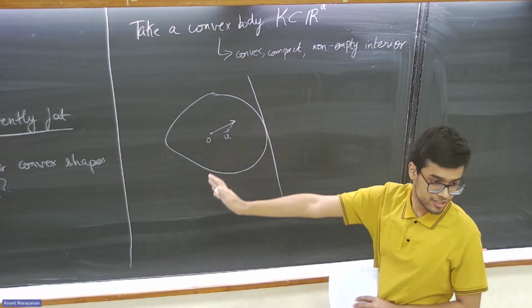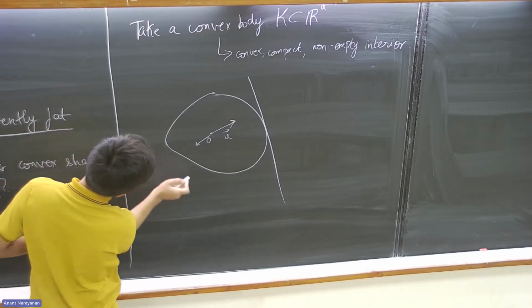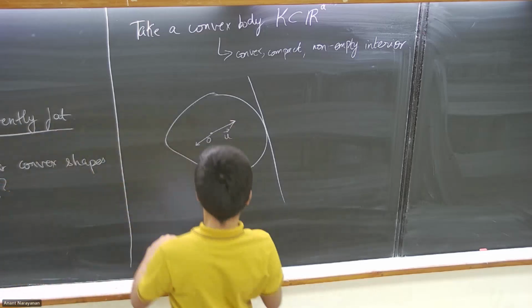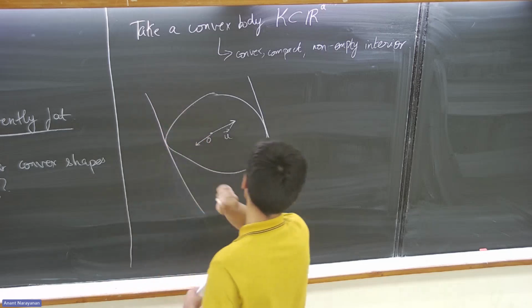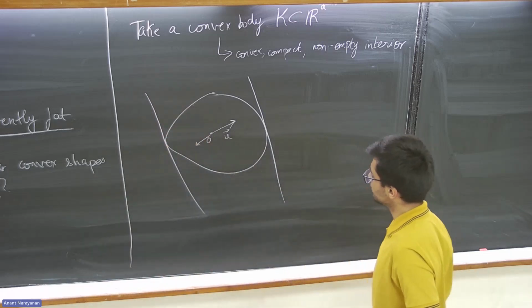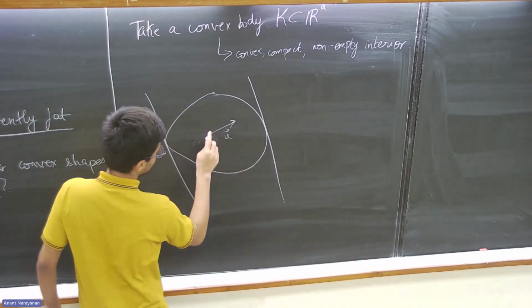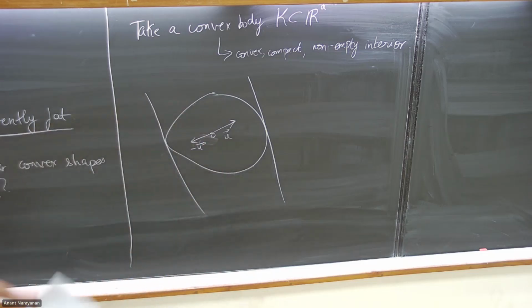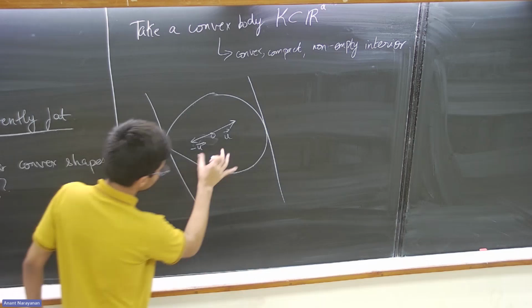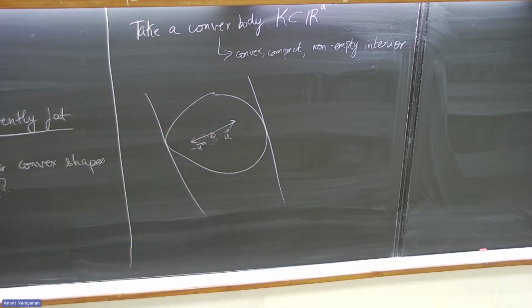Similarly for minus u, I'll find the supporting hyperplane which has minus u as the unit normal. These supporting hyperplanes are in fact parallel, and the width in this direction u is simply defined to be the distance between the supporting hyperplanes.